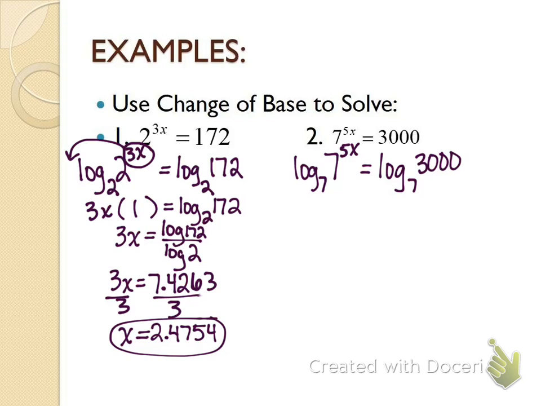Make sure you're using the same base on both sides. Okay. What happens to that 5x? Goes to the front. We use that power rule. Our exponent comes out in the front. 5x times what is log base 7 of 7? 1. Still set equal to log base 7 of 3,000.